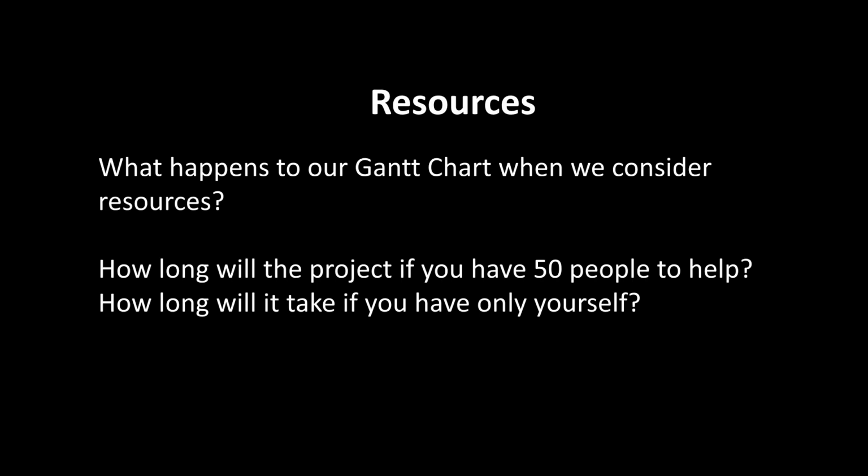One of the things we haven't taken into consideration at the moment, and we're going to look at in the next video, not in this one, is our resources and the amount of people we've got available. If you think about some of the examples we've looked at, moving house, building a shed, or simply getting ready for a job interview, what happens if you've got a staff of 50 people hanging around ready to help you?